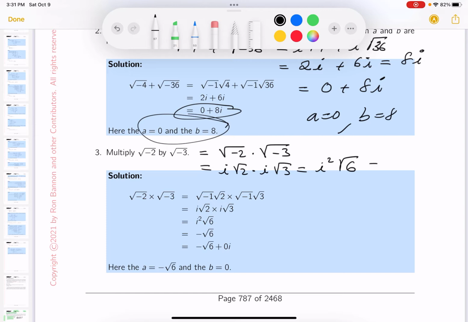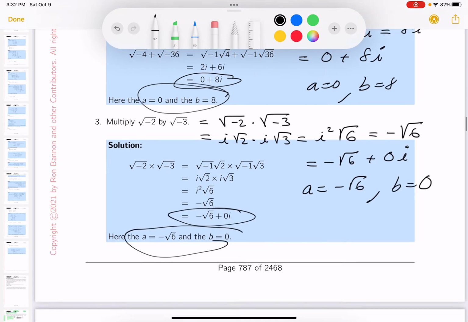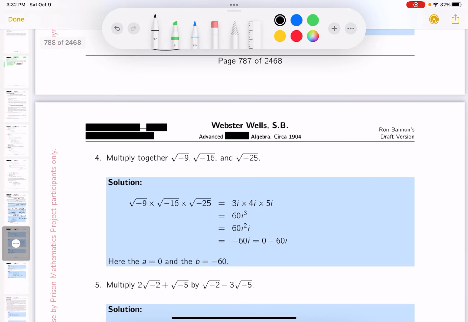And remember, if you see i squared, you're going to immediately write down -1. So it's minus root 6. What's the answer over here? Minus root 6 plus no i's. What's the a? The a is minus root 6. What's the b? The b is 0.